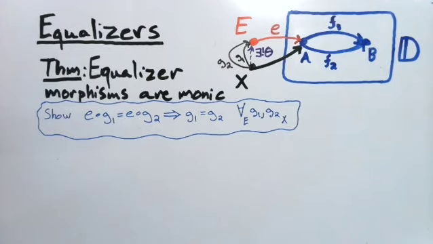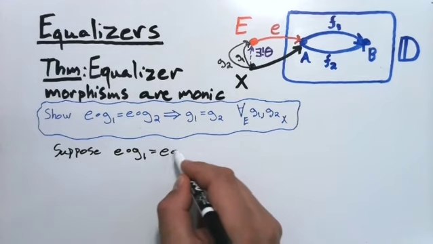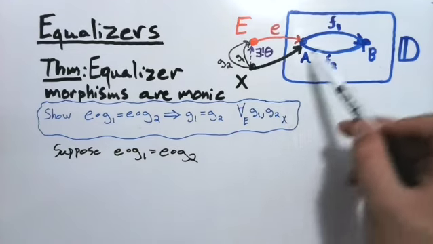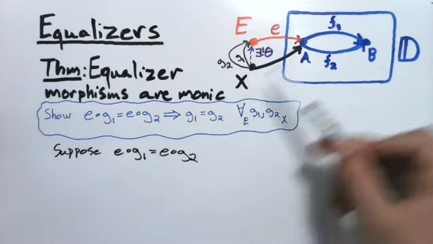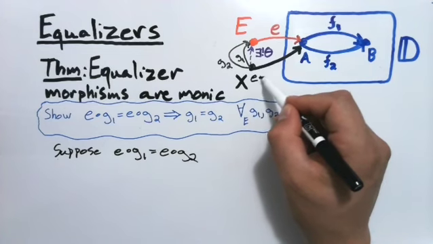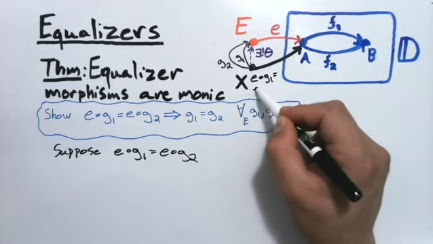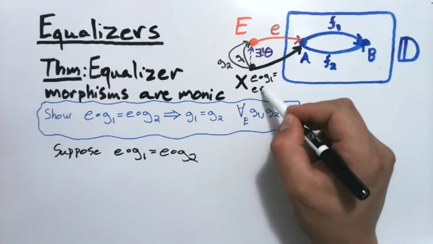So how do we prove this? Well, let's suppose first what our initial condition is. So suppose E after G1 is equal to E after G2. So that goes from X to A, obviously, right? E after G1 and E after G2 both go from X to A. So let's just write it here. This morphism here is E after G1, which is the same thing as E after G2.